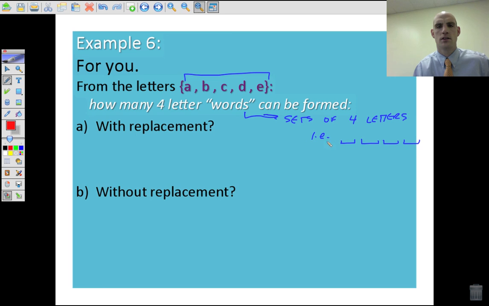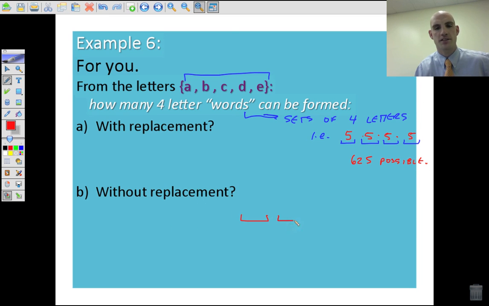I'm going to roll through it here. If I can replace, I have 5, I have 5, I have 5, I have 5. So I can multiply all those. So I've got 5 times 5 times 5 times 5, which is 625 possible.